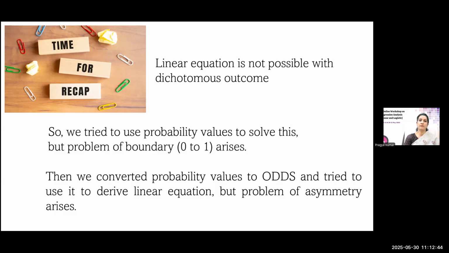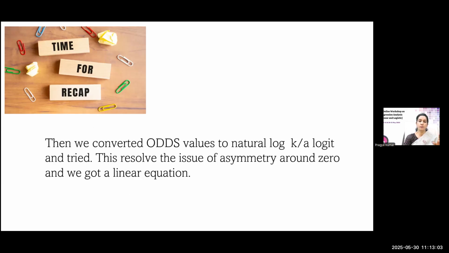Why? Because if you convert the probability into odds using the formula P by 1 minus P, then the value of the odds can go above 0. But again, the problem of floor and asymmetry remains. So if you take the natural log of these odds, then the problem of floor and ceiling gets solved, because now there is symmetry around 0 and the value can go less than 0, that is, negative.